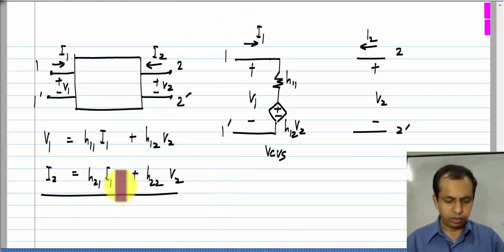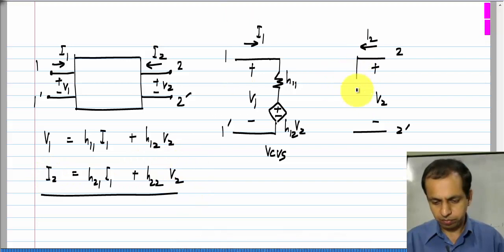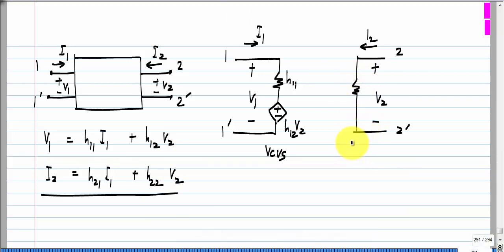Now, for the second equation, we need parallel branches because we need to add currents. So, we have I 2 equals H 22 V 2. So, I is proportional to V. So, this is a conductance and the conductance is H 22 or the resistance value is 1 by H 22.